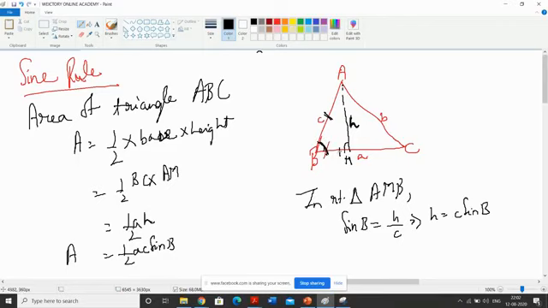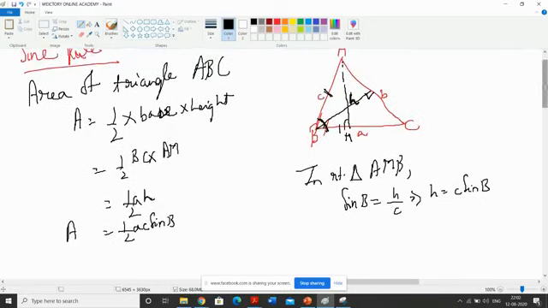So similarly, if you draw a perpendicular over here, let me draw the perpendicular here again and let me name it as N. Okay, so I'll derive the area of triangle formula again.